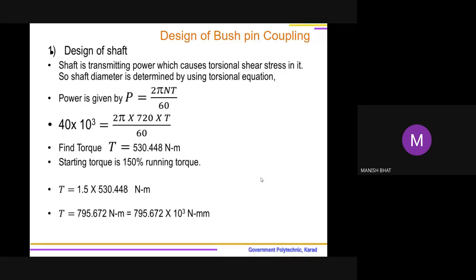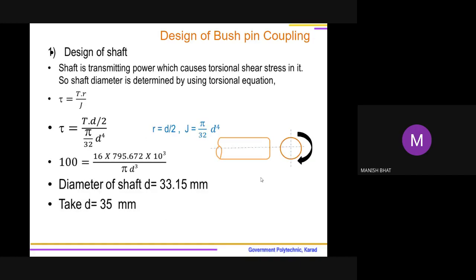That comes out to be 795.672 Newton meter. That is multiplied with 1000, that is 10 raised to 3, so it comes out to be 795,672 Newton millimeter, right?